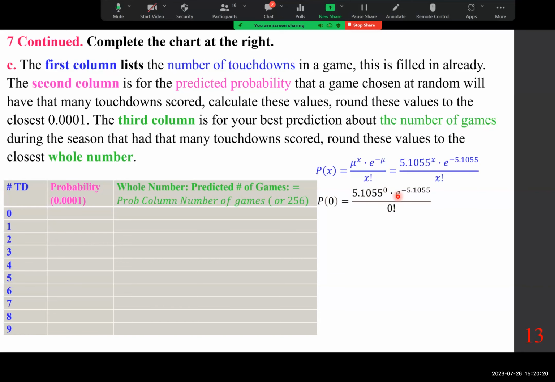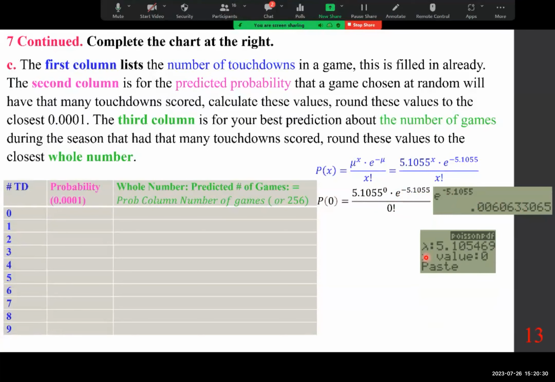So in essence, it's e to the power of minus 5.1055. And the answer it gives you, or if you go with the Poisson PDF, you have the lambda, you have x equals 0, and you do get the same answer here.